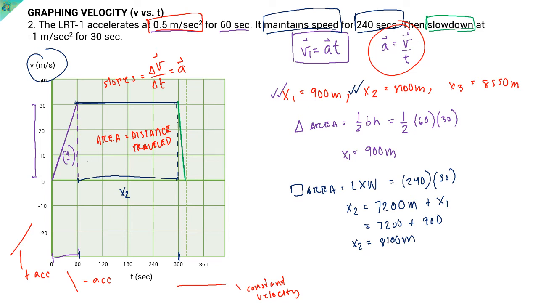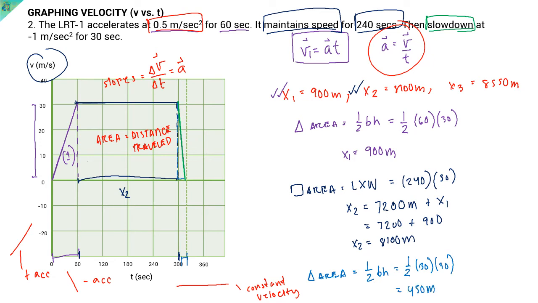For our third scenario, this is the one, this very, very tight triangle there. However, it's still a triangle. So we still use the formula for the area of a triangle. That's 1/2 base multiplied by height. The base is 30 seconds because situation 3 happens for about 30 seconds. Multiplied by the height of 30 still. And that would give you a value of 450 meters.